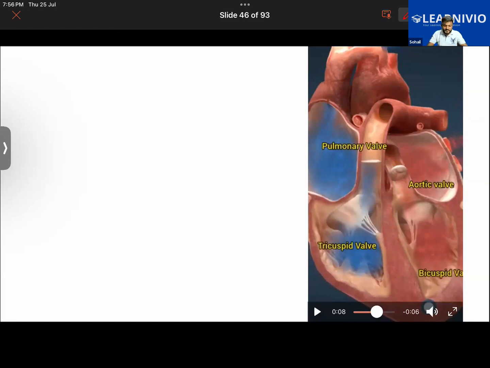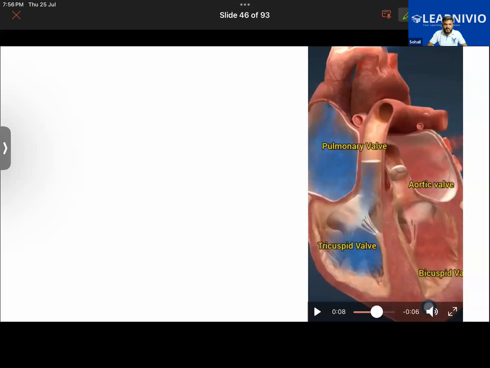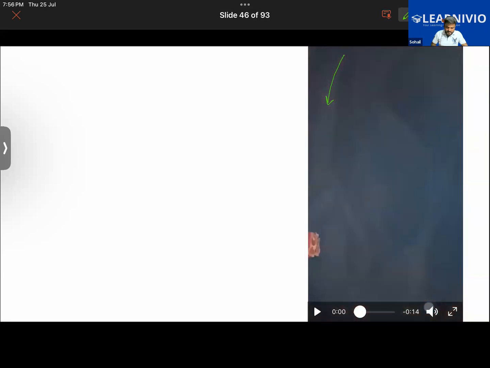Right over here, see, at this moment, what is happening? Via this blood vessel, blood is coming into the heart. Then from this chamber, via an opening, it goes into another chamber. If I play it from here, you can observe this.